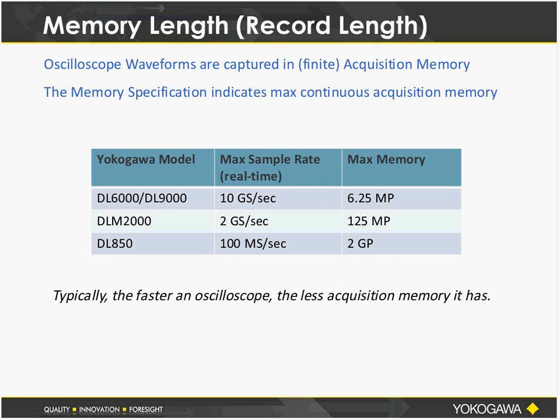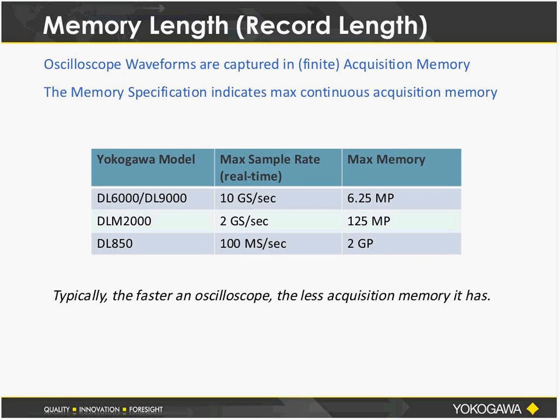At some point, it's going to run out of memory, and you're going to need to stop and save that waveform from its acquisition memory to a more permanent memory, and then rearm and reacquire. At the sample rates that oscilloscopes run, oftentimes in the gigasamples, the memory is just not adequate to continuously stream this information to a disk, for example.